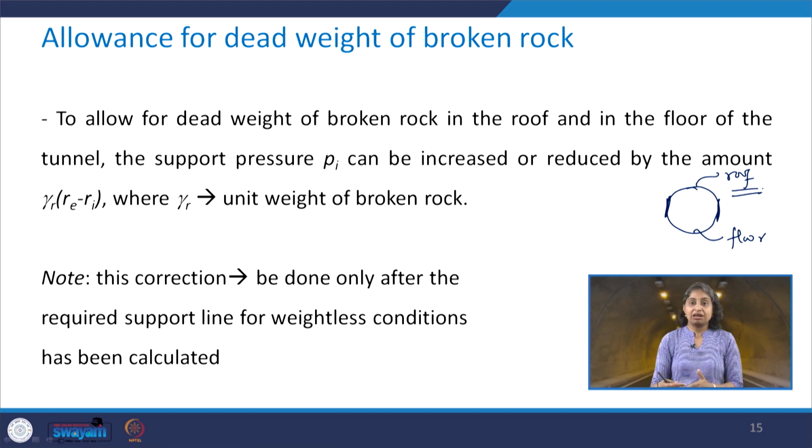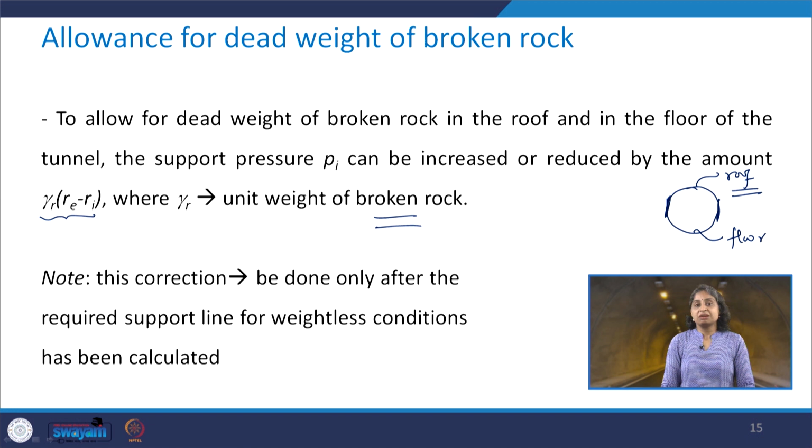How much increase or reduction should be done is gamma r into Re minus Ri, which should be added or subtracted to the support pressure obtained without the allowance for the dead weight of the broken rock, for roof and floor respectively, where this gamma r represents the unit weight of the broken rock.